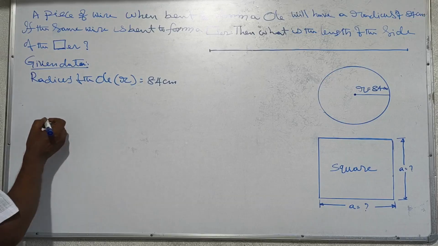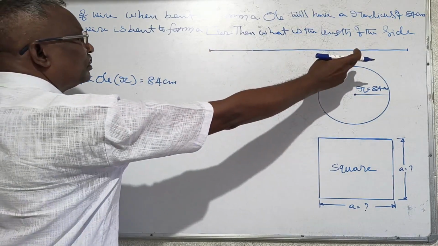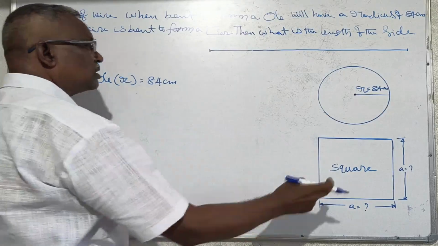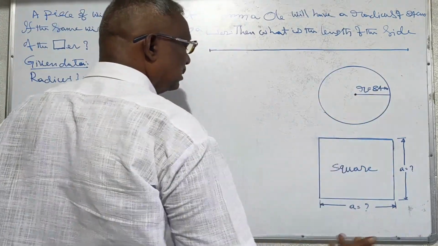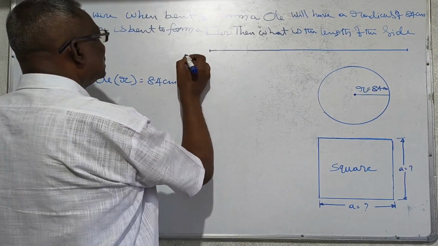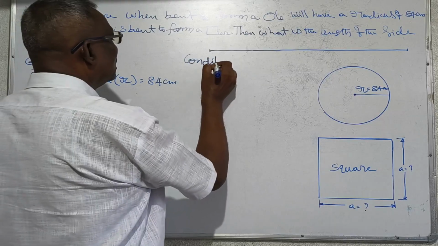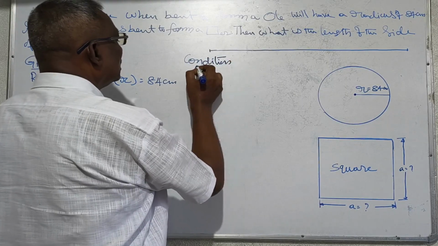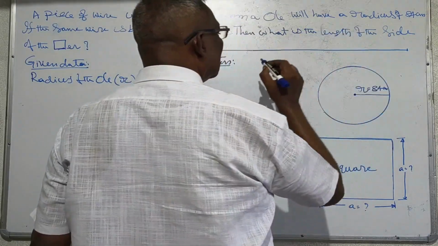What is the condition? Length of wire is equal to the circumference of the circle and the perimeter of the square. So that is the condition here. What is the condition here?